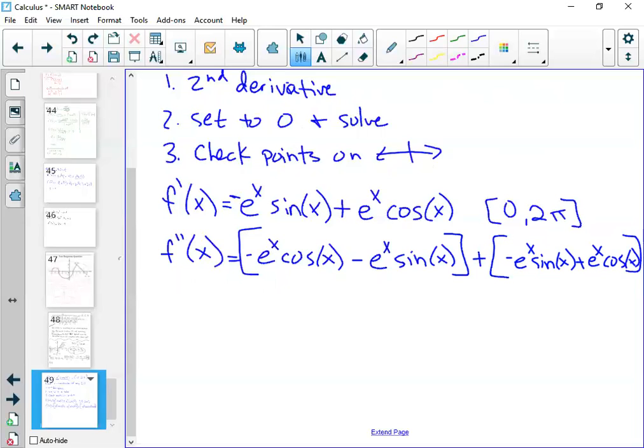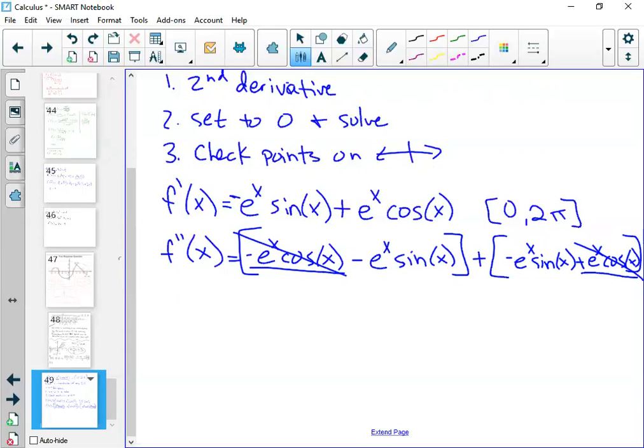Perfect. So now we should see that we've got our second derivative completed, but it's not the prettiest. And it seems that everything's e and sine. So let's just pay attention to see if we can cancel things out. Here we have a negative e to the x cosine x. So then my other cosine term is over here, e to the x cosine x. However, this one is positive. So that means this is going to cancel with that.